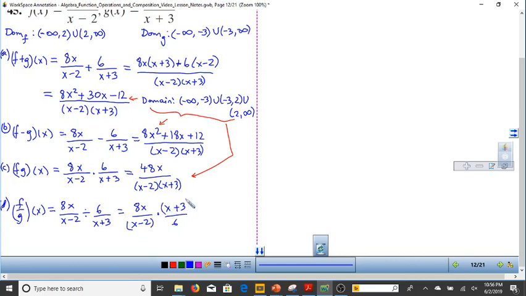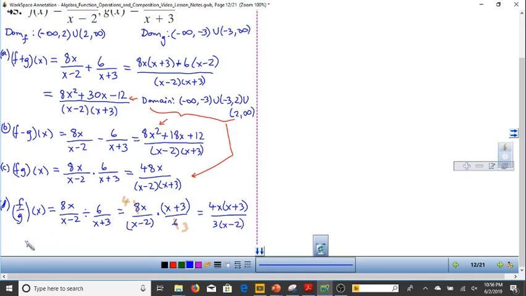And when I combine like terms, I will see that there's actually a common factor between 6 and 8, namely 2. And then when I simplify that, I get 4x times x plus 3 over 3 times x minus 2.